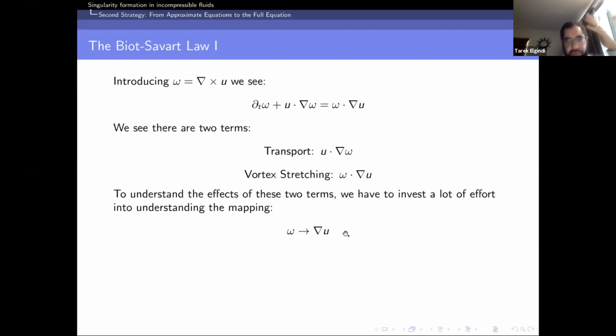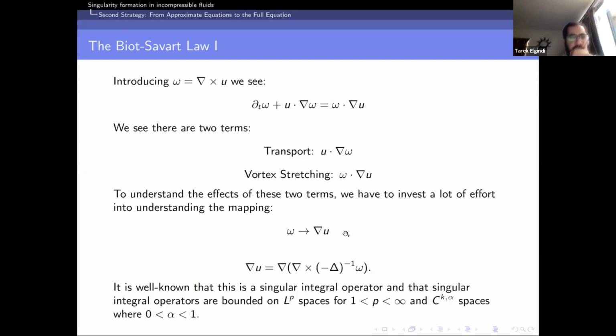In 3 dimensions, grad u is just the gradient of the curl of the Laplace inverse of omega. This is because u is divergence free, so the curl of a divergence free vector is just its Laplacian.